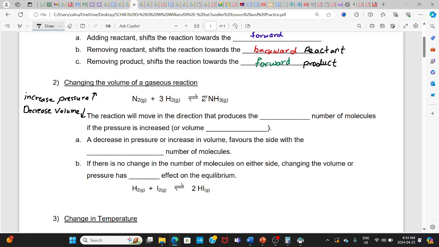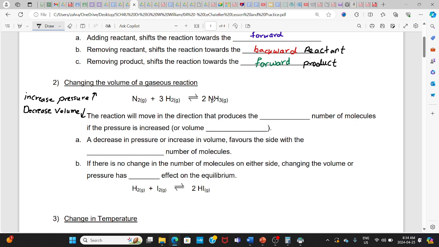Okay, maybe I ask you, how many molecules do we have on the right side? Two, and it's in gas form. And how many molecules do you have on the left side? Four. If you have a little room, which direction do you go to come up with the solution of having a lot of pressure, to depressurize? Just think about it. You have a room. Now your room is smaller. Of course, you want to have two in a room rather than four, right?